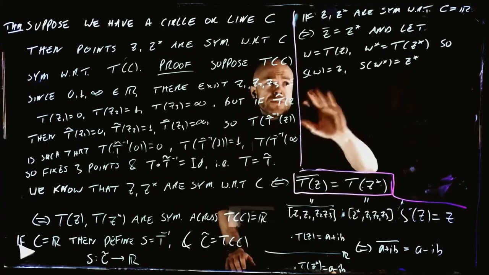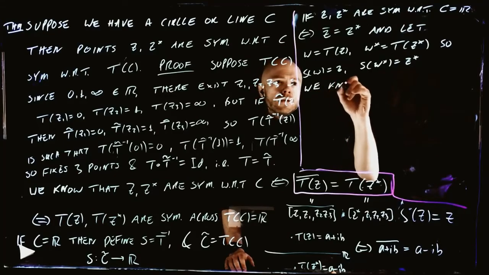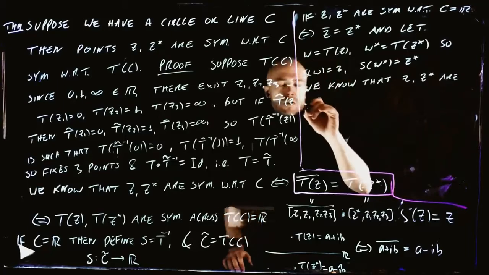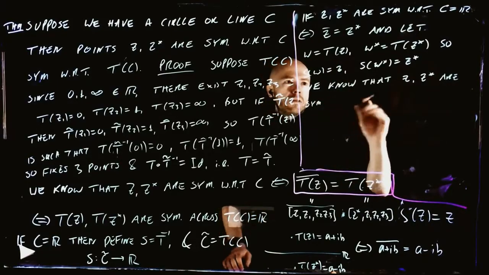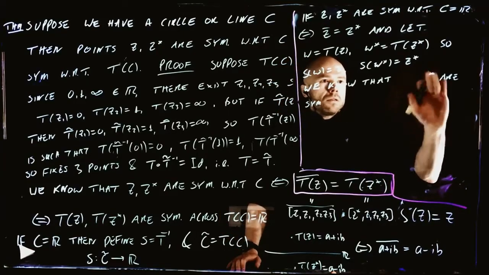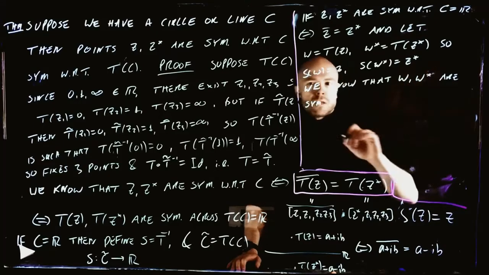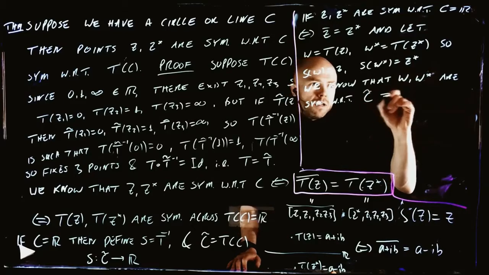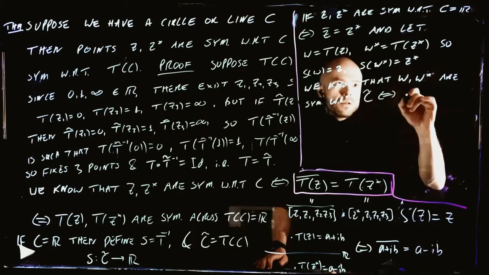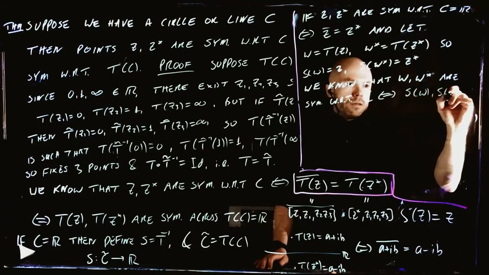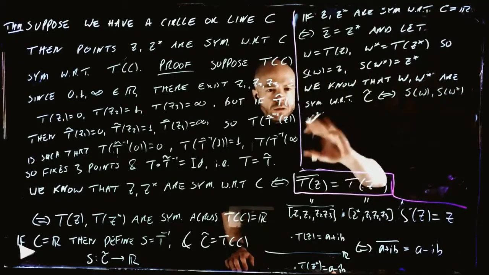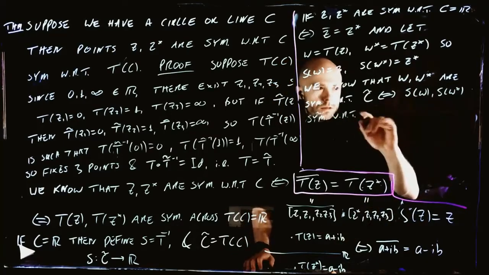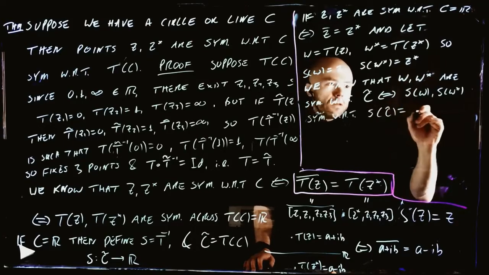And by the case we've just established, we know that W and W star are symmetric with respect to C tilde if and only if S of W, S of W star are symmetric with respect to S of C tilde, which is equal to R, right?